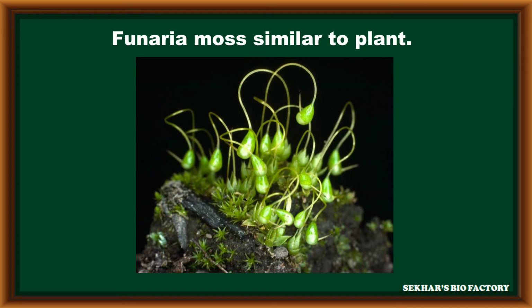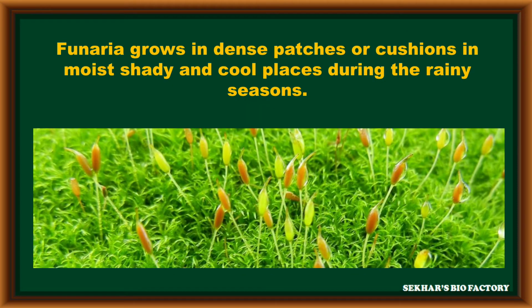Funaria is a plant of mosses. It is similar to advanced plants in its structure. Funaria grows in the form of dense patches or cushions in moist, shady and cool places during the rainy season.